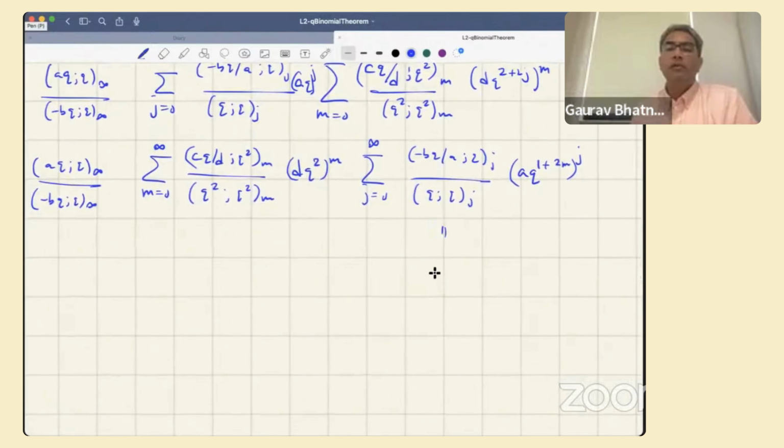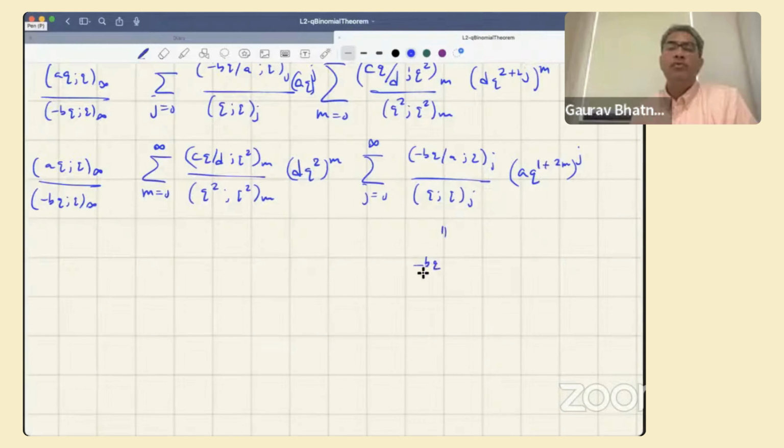So this is equal to minus bq over a times this number, a q 1 plus 2m, q sub infinity, and a q 1 plus 2m sub infinity, q sub infinity. And the rest is all the same. And then if you write this in terms of a q sub infinity, etc., you will find that you'll get a q sub infinity in the bottom and whatever.